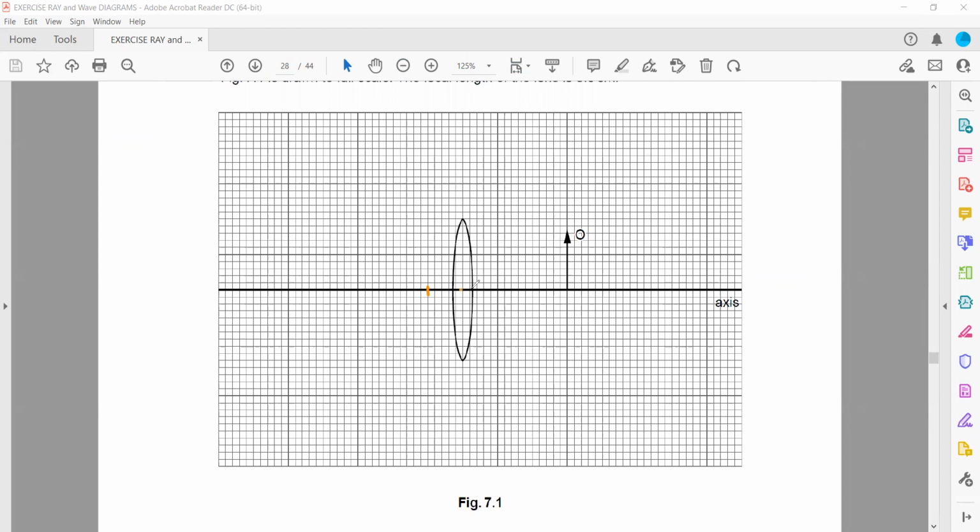Same thing here. So this is 1 centimeter, then 2, then 3, 4, 5. So this is the focus.